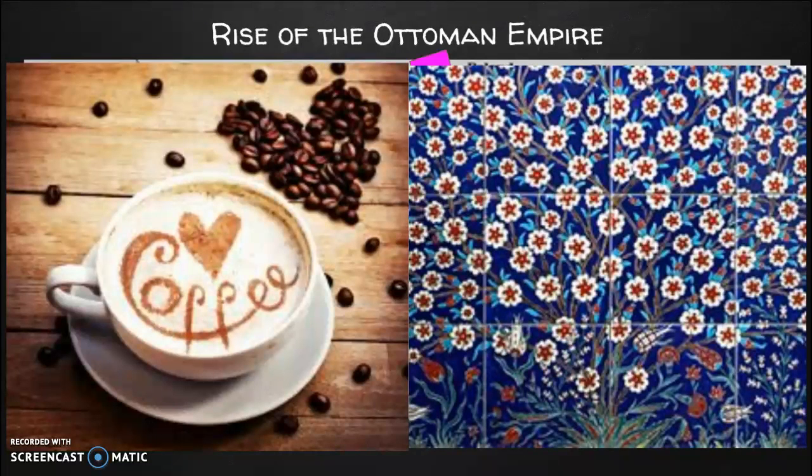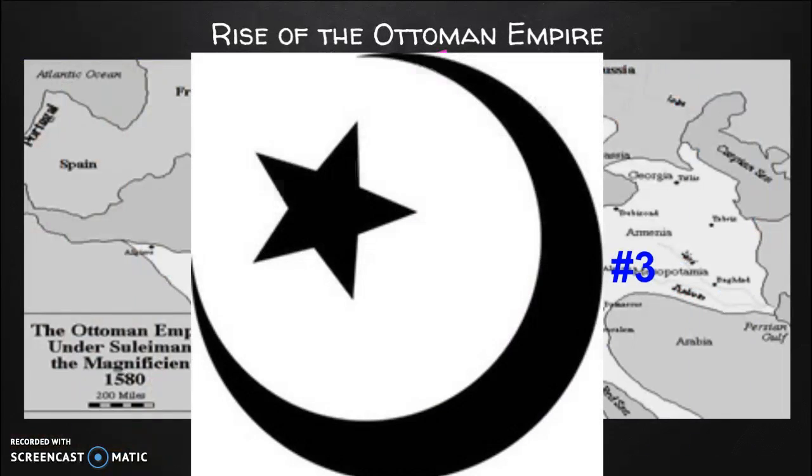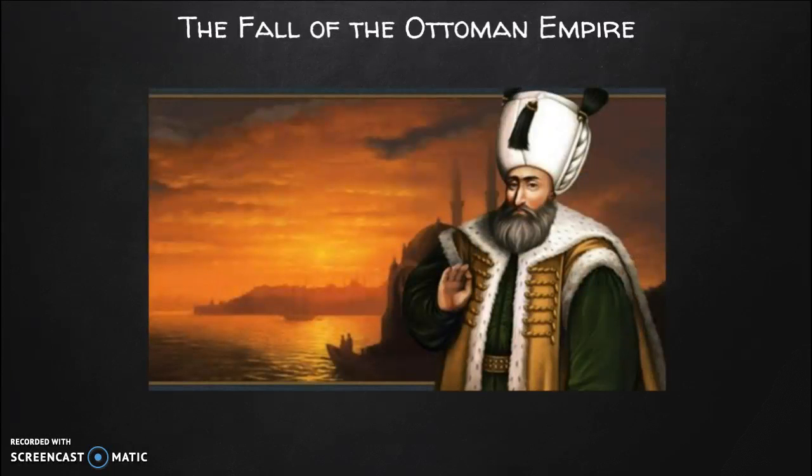And eventually, the Ottoman Turks became united in the religion of Islam, and they no longer were tolerant of other religions. So the Ottoman Empire does not last forever, though, and we're going to talk more about that at the end of World War I. But Suleiman the Magnificent was the last great Ottoman sultan.